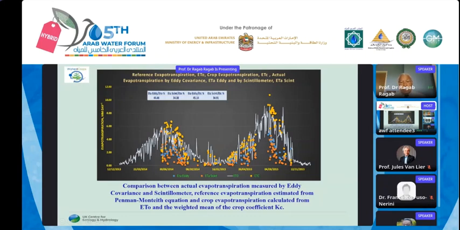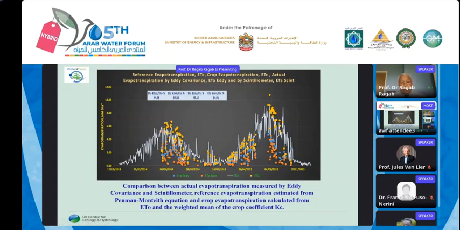If we look at the ETc, or crop evapotranspiration, which is the yellow dots here on the top, you will find that what we calculate from the modified Penman-Monteith equation overestimates the evapotranspiration as measured by the eddy covariance and scintillometers.